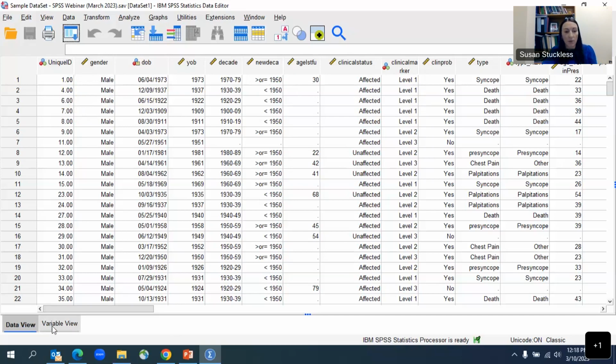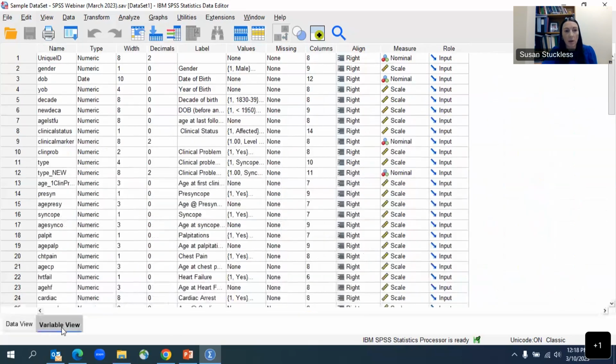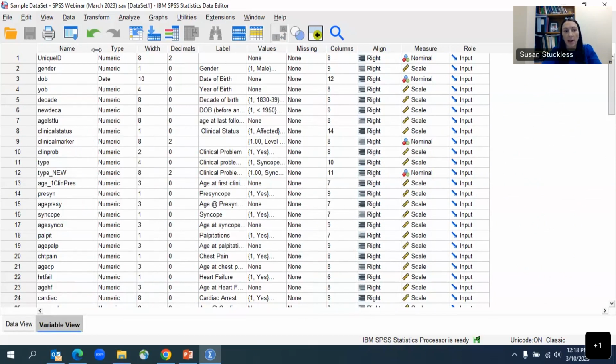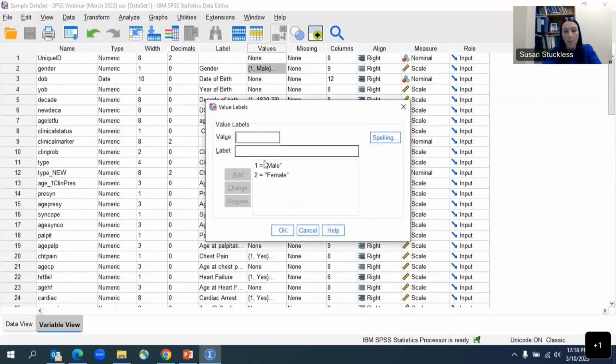When you're setting up your data, some of your variables are going to be continuous, like age, but some are going to have levels or categories. If we look at gender, for this purpose we only have male or female, but we know there are other options.